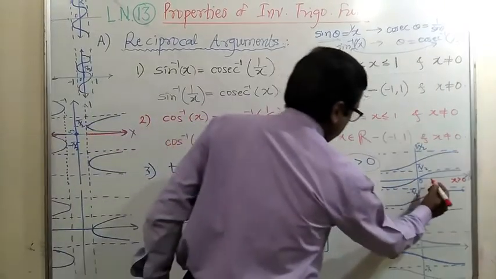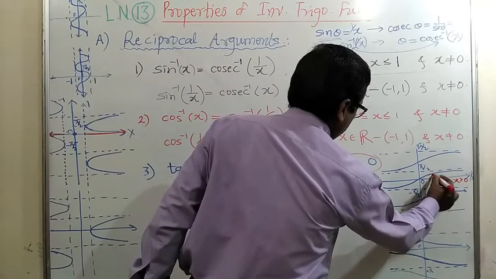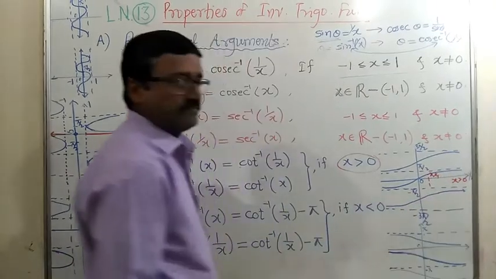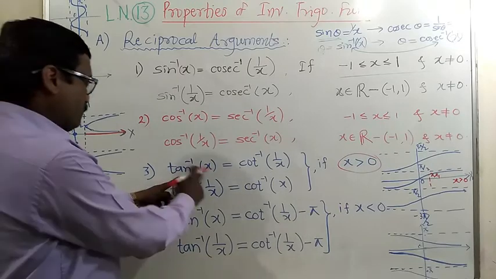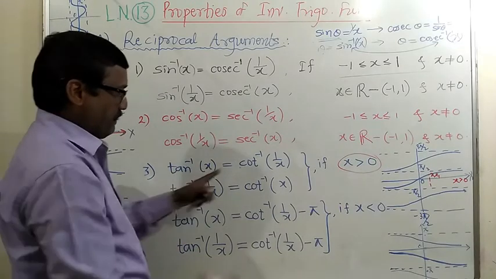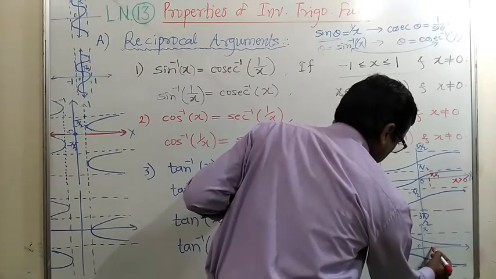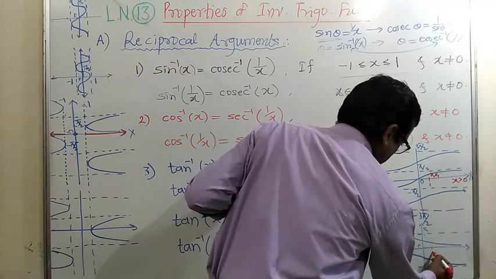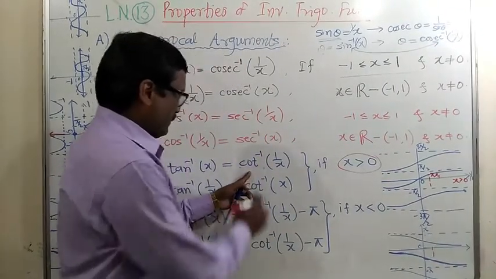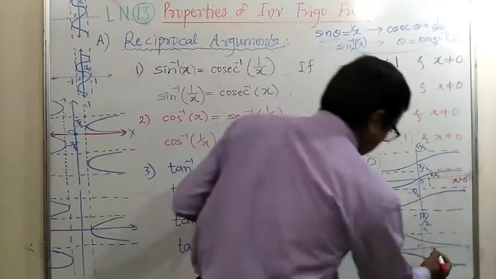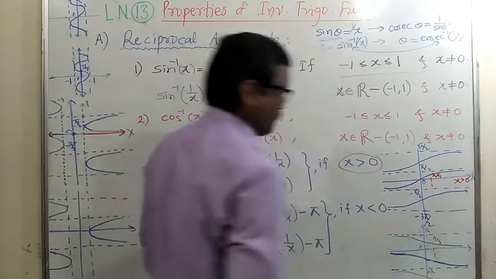So when x equal to 1, suppose, this will be pi by 4. Tan inverse of x, that means tan inverse of 1, is equal to pi by 4. At the same time, cot inverse of 1 upon x, with x equal to 1, will again be pi by 4, the same pi by 4.